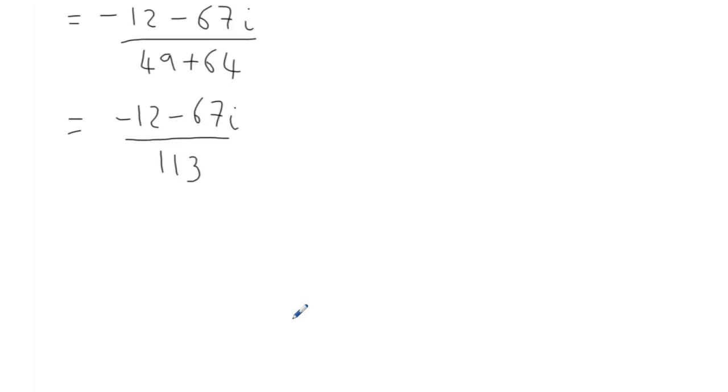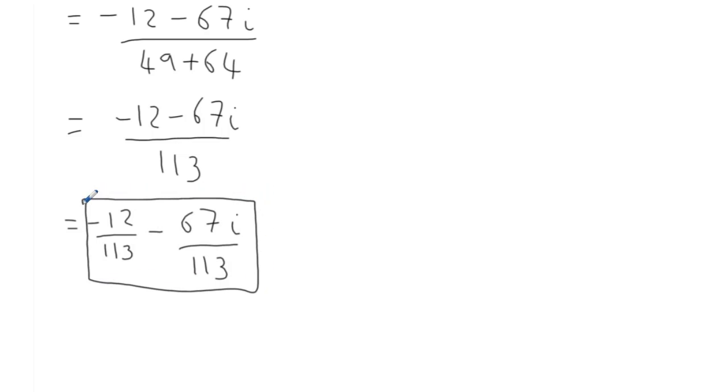So you can split it over the two of them. So you can say this is minus 12 over 113 minus 67i over 113. So it's not a very satisfying answer, but you've done the division and you've got an a plus bi, you've split it into real part and imaginary part.